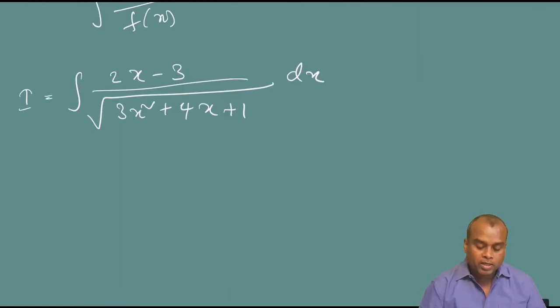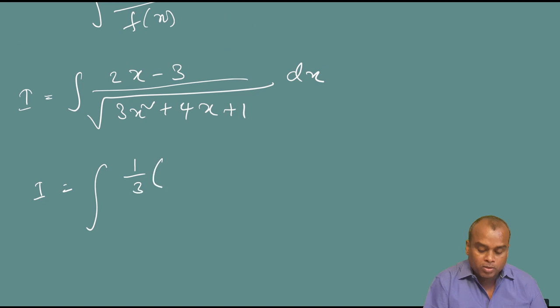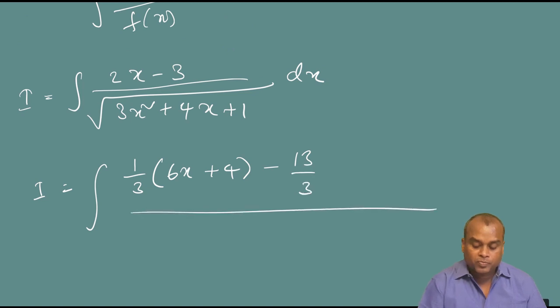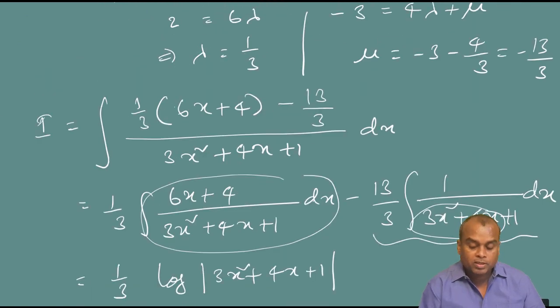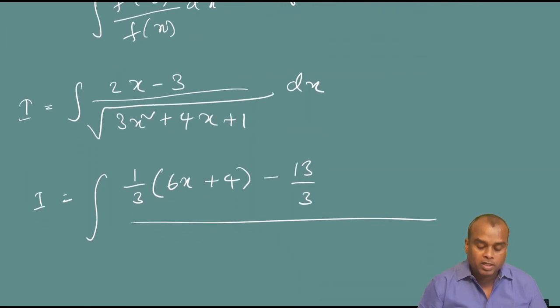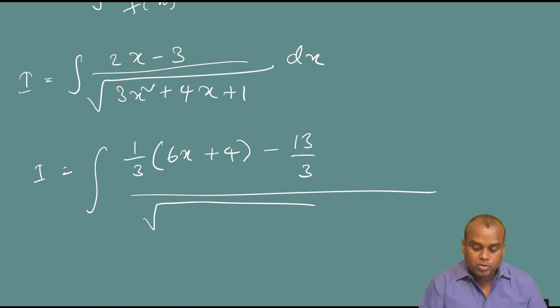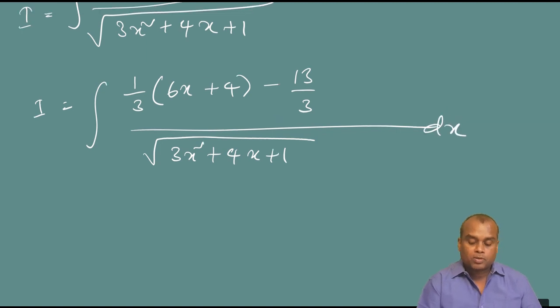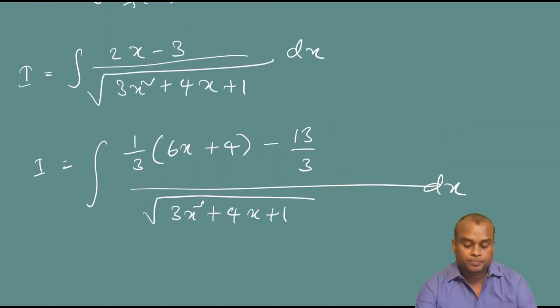So I can write the numerator as the integral of 1 by 3 into 6x plus 4 minus 13 by 3, that's what we got, in the numerator, and in the denominator we have the square root of 3x square plus 4x plus 1 dx. So that is what we got there.